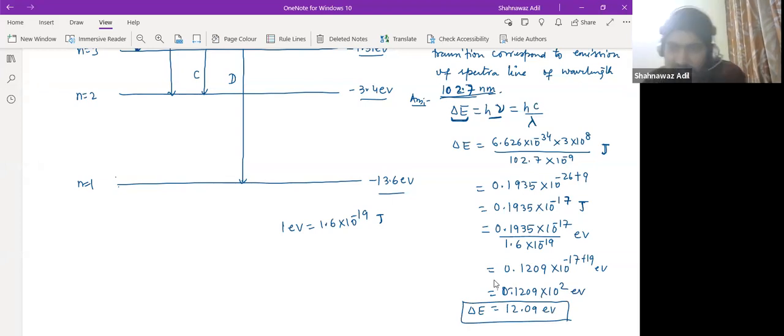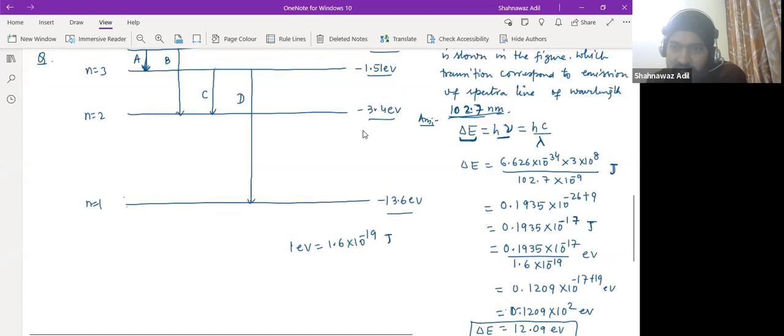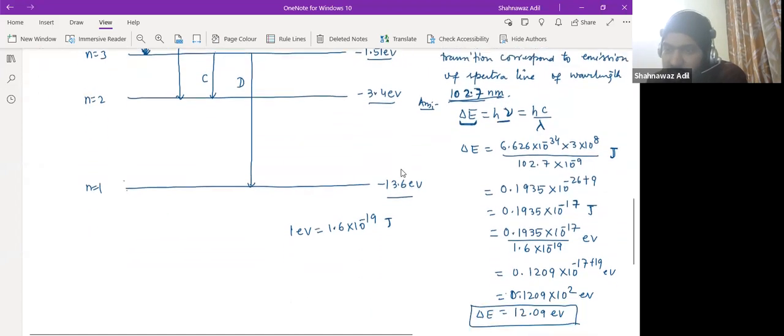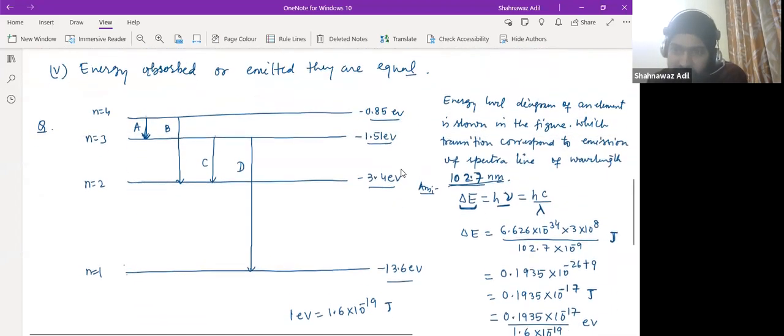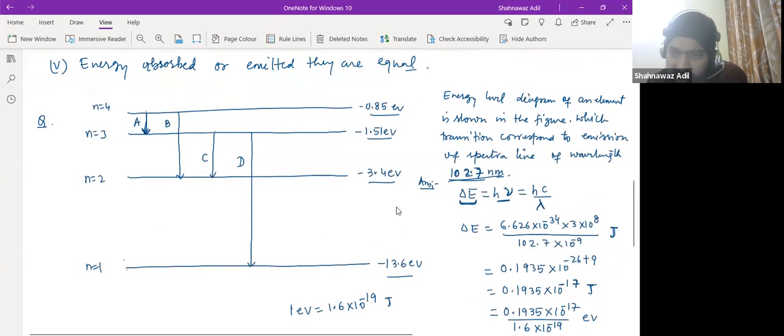Now in which transition can we get 12.09? We can get 13.6 and, let's say, 4 and 3. So for 4 and 3, the difference is 1 and 0, so we cannot get 12. Right?